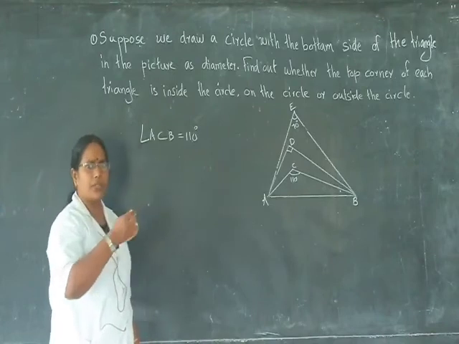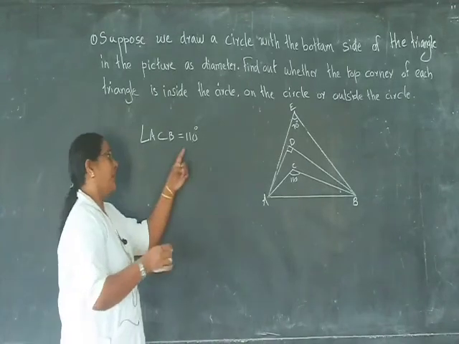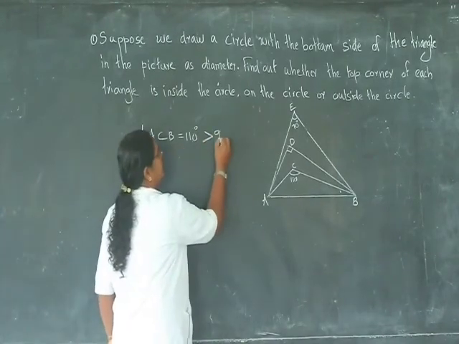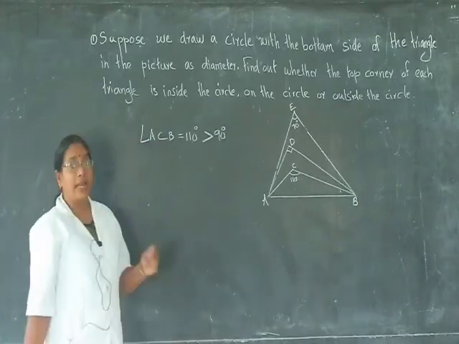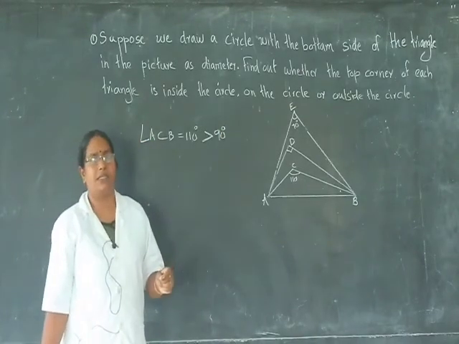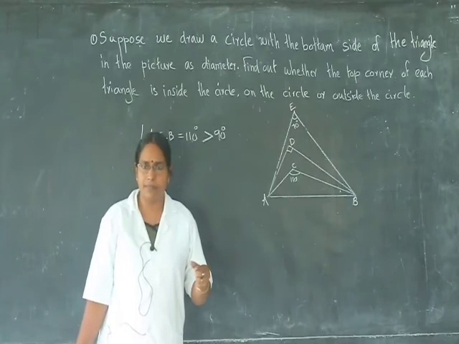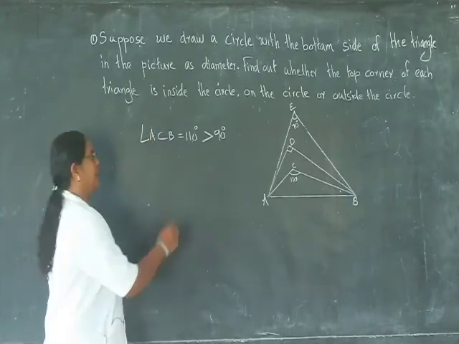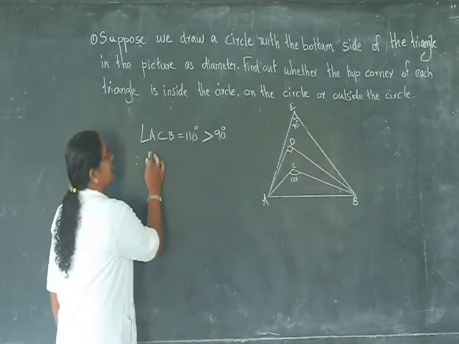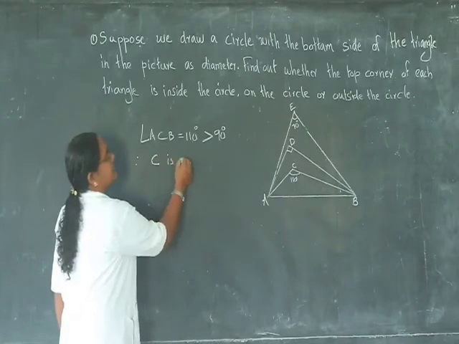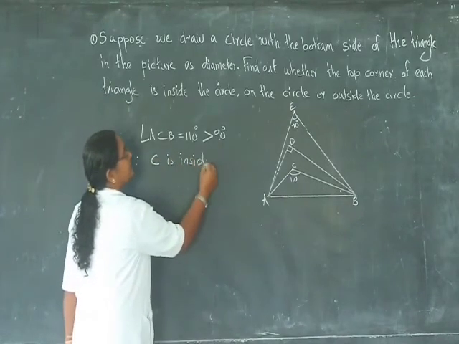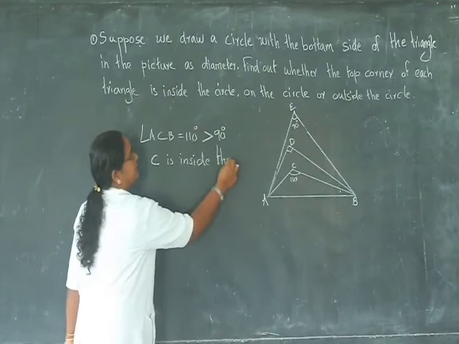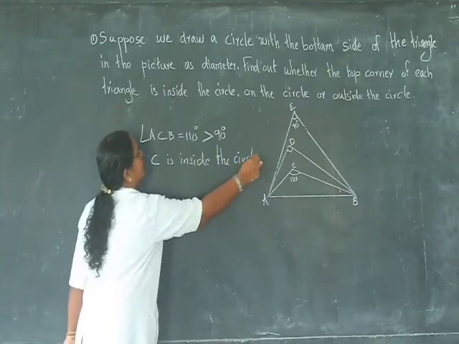Using the three statements, 110 degrees is less than, more than or equal to 90? It is more than 90. Therefore, if one angle is more than 90, the third vertex is inside the circle. Therefore, C is inside the circle. This is the first question's answer.